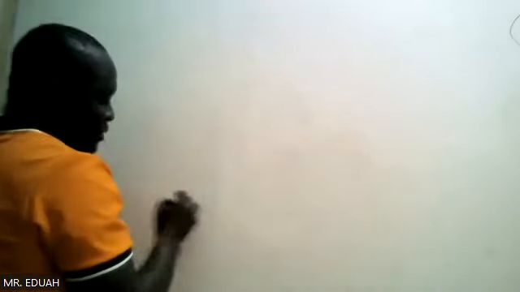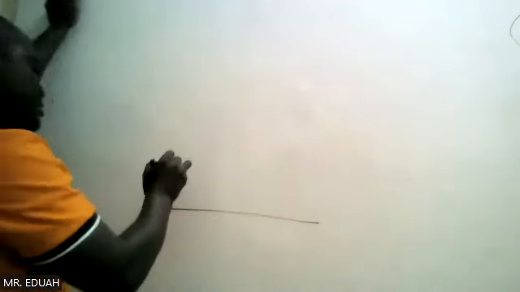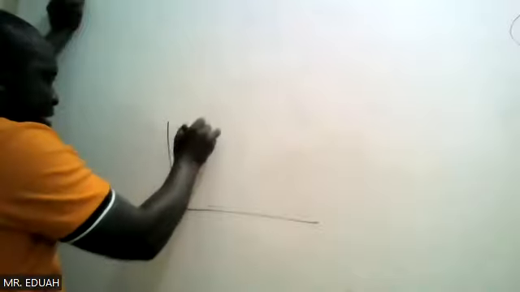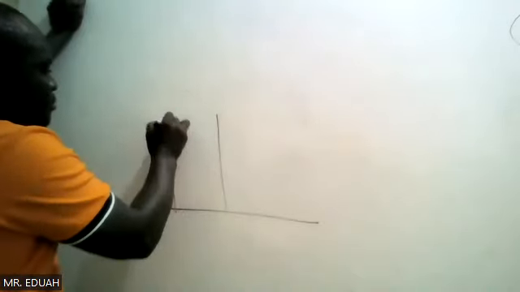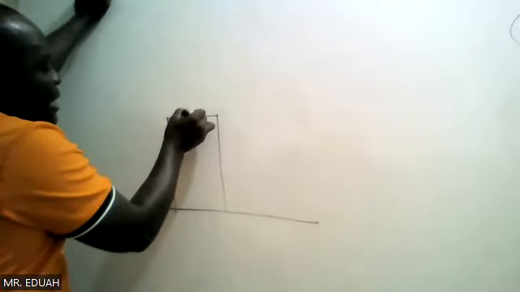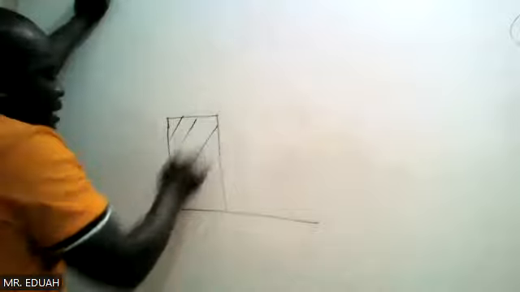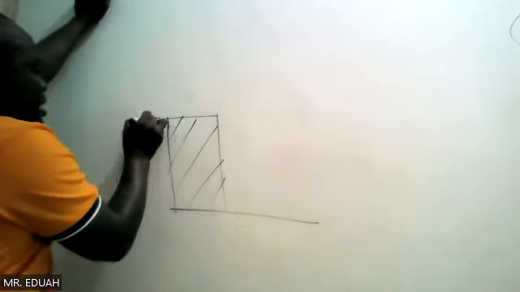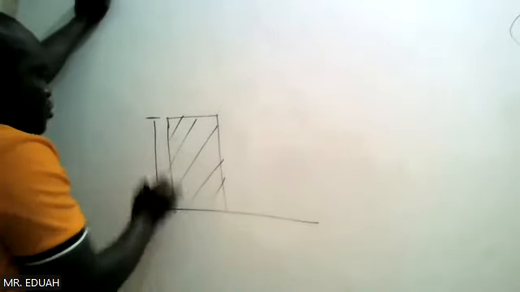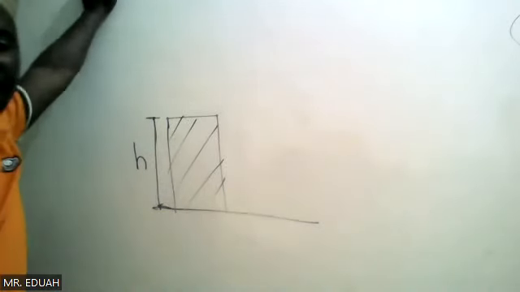So this is the ground. The projectile is fired from a height h above the ground. So from the ground to where the projectile is fired, it is h.